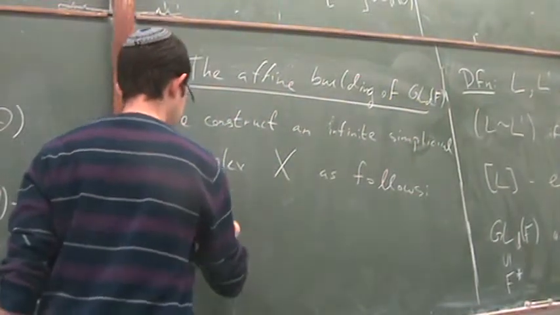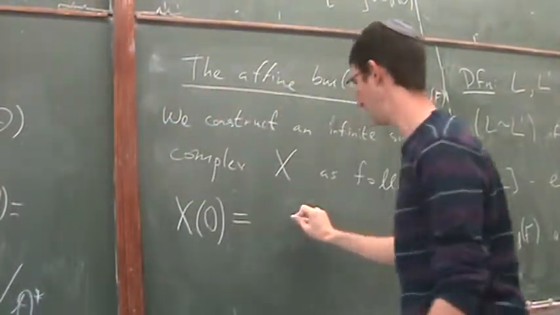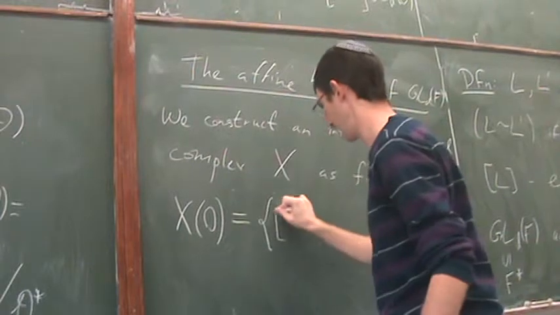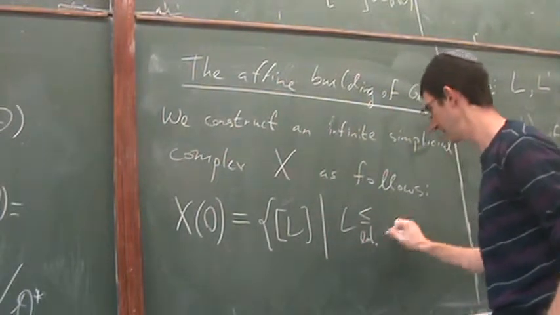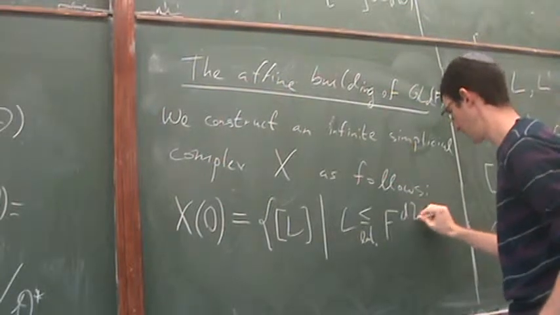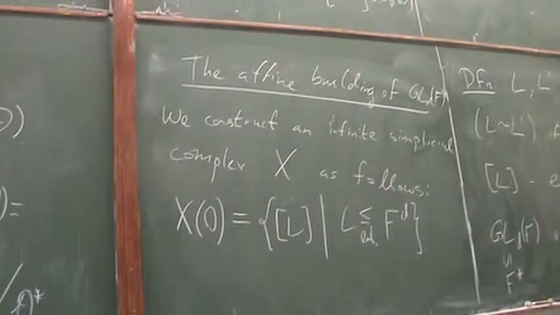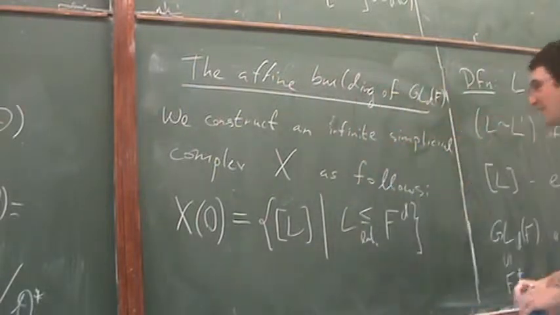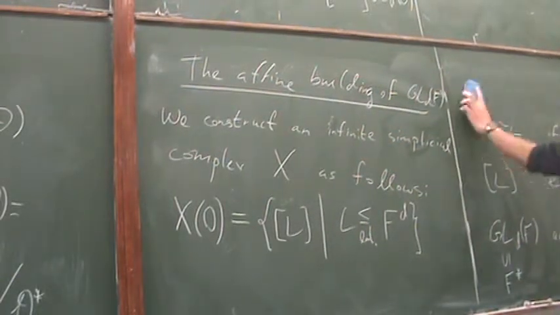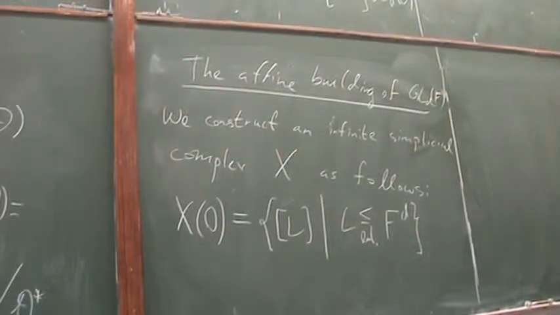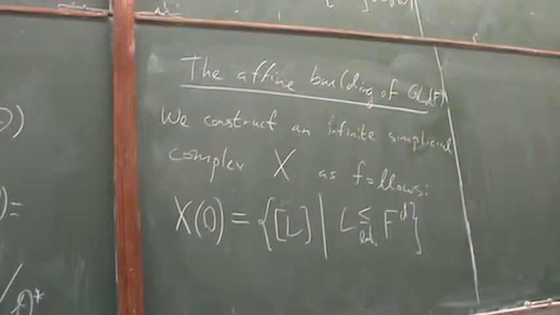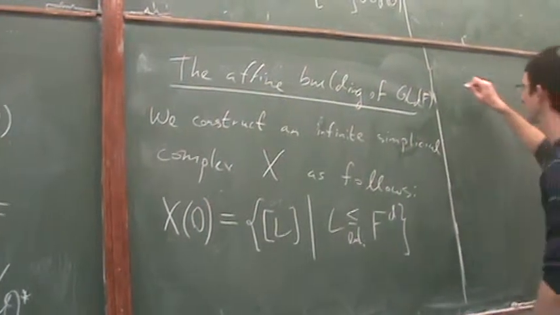So the vertices of X are going to be equivalence classes of lattices inside F^d. So here's the reason why I spent half this lecture speaking about them. So what about edges?